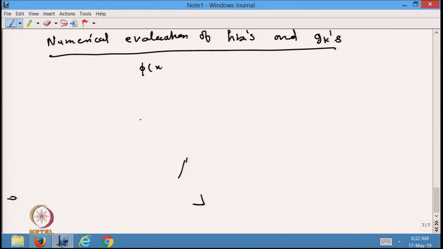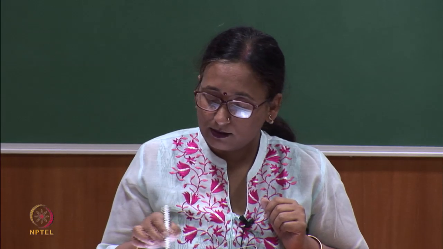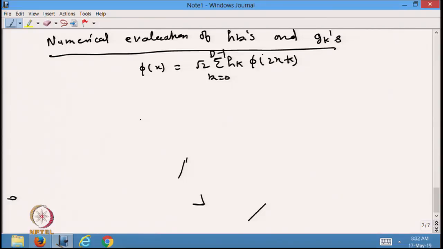Again, I have to write these results for k from 0 to D minus 1. That is why MRA is the heart of wavelet theory, because you can see every time I keep using the same results.